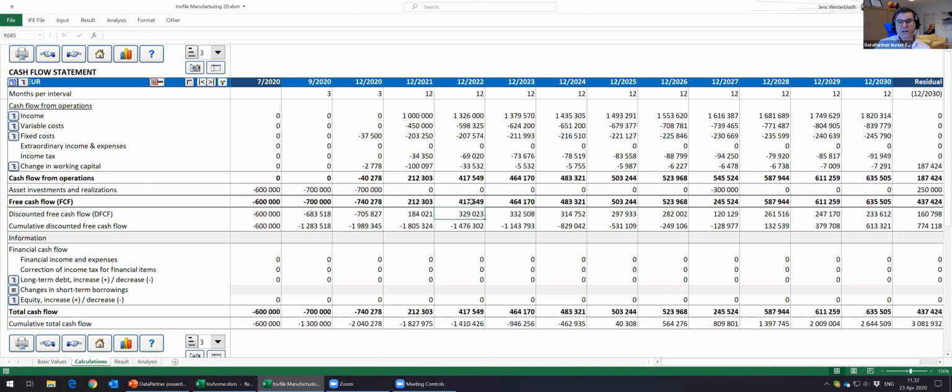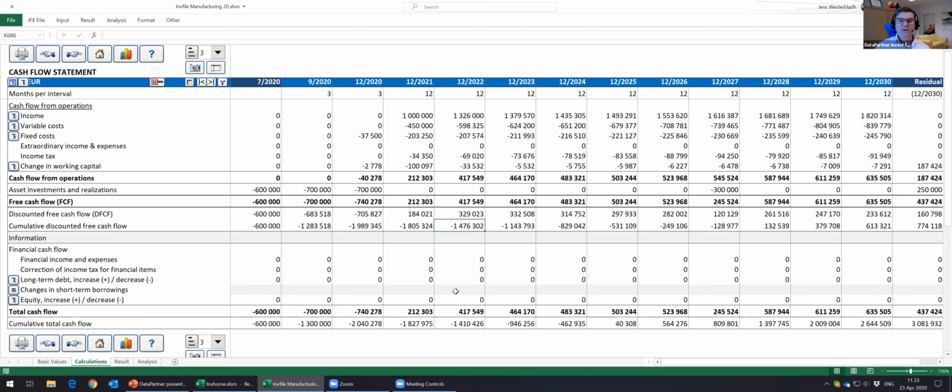So 417,549 end of 22 is 329,000 in the beginning of July 2020. The discounted value. And these discounted values are added together here in this cumulative discounted free cash flow. This shows the position we are in at the moment.